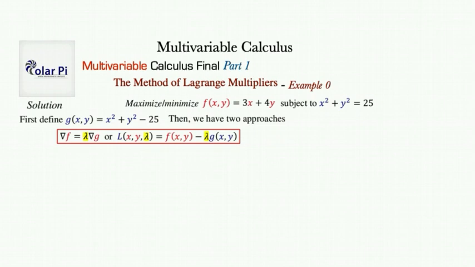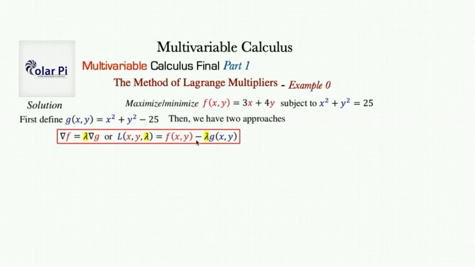The other option, I said two approaches, is to construct this L function, what's called an augmented function. This L function is a function of three variables, x, y, and lambda, and it's constructed by taking whatever function is the f function and subtracting from it lambda times g. Yes, I said lambda is a constant, but we'll end up taking a partial with respect to lambda if we construct this L function.